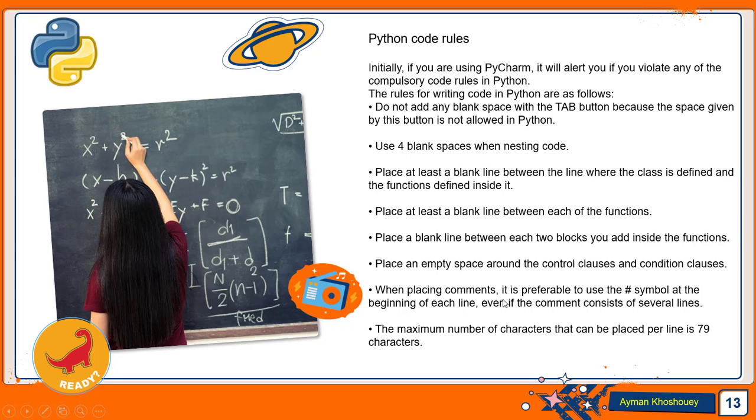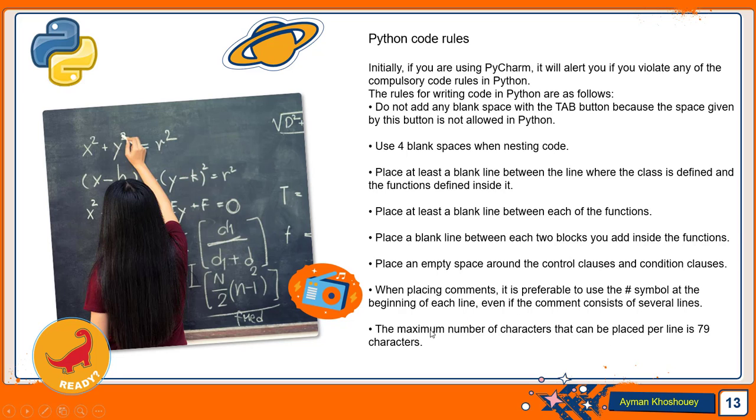When placing comments, it is preferable to use the number sign symbol at the beginning of each line, even if your comment consists of several lines. The maximum number of characters that can be placed per line is 79 characters. This is very important.